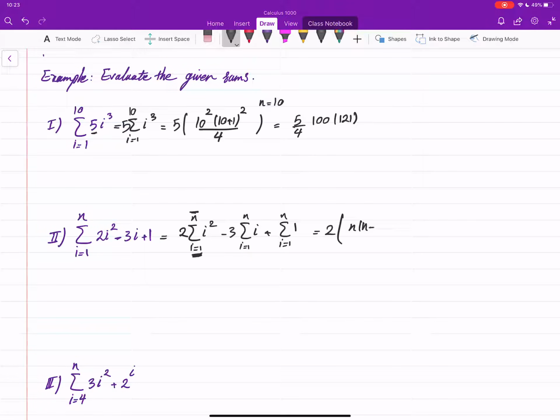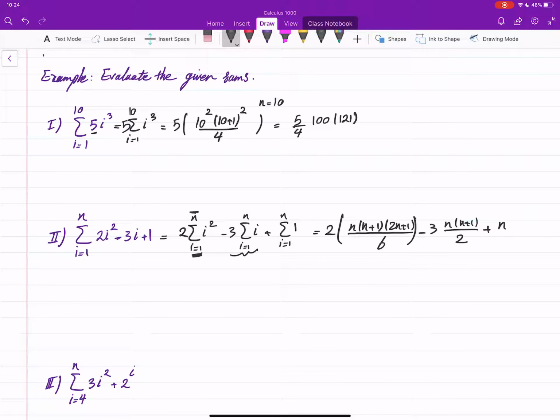So n times (n plus 1)(2n plus 1) over 6 minus 3 times the sum of i's, which is n plus 1 over 2, plus the sum of 1's, which is n. You can simplify that, write it out, and then what you will get there, I don't have the numbers here, but you can simplify it basically.